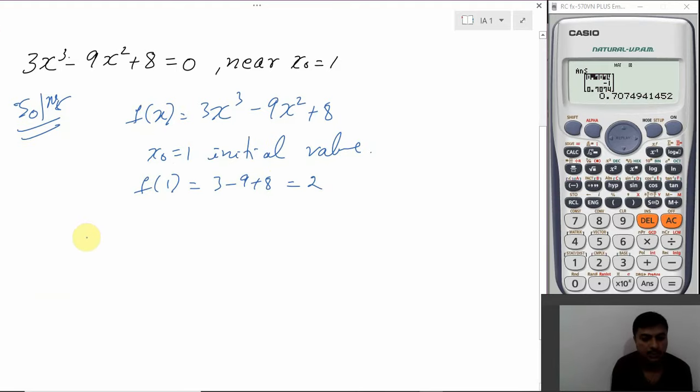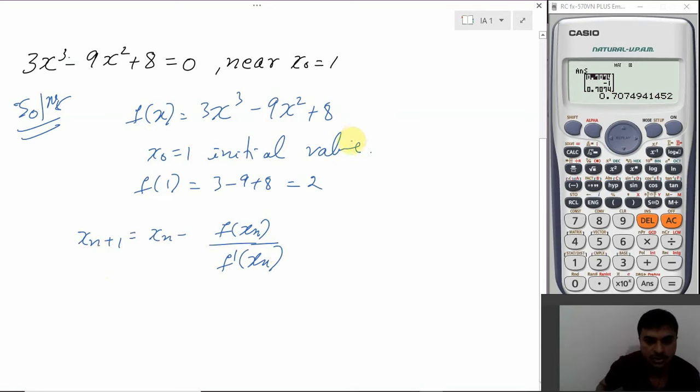Remember the formula what I have given, xn plus 1 is equal to xn minus f of xn divided by f dash of xn. So these values you have to first substitute. So just differentiate this value. Okay, so differentiation is what students? You can see f dash of x.